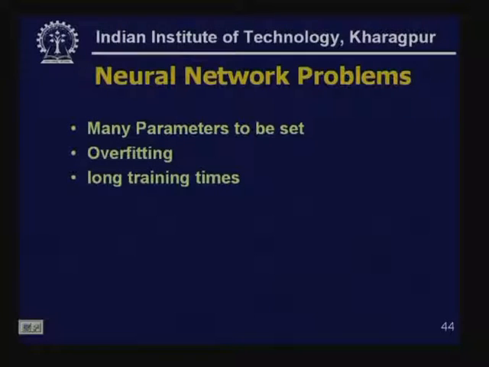Now, some other problems with neural networks is that there are many parameters to be set. Suppose we are using the sigmoid function, we have to decide the threshold of the sigmoid function, we have to decide eta, which is the learning rate, we have to decide alpha, the term associated with the momentum, we have to decide the number of hidden units, the number of hidden layers, and so on.